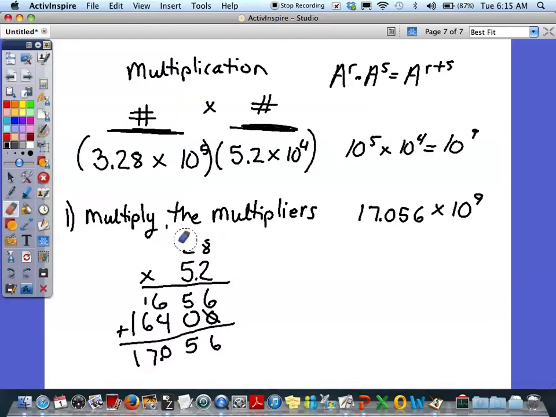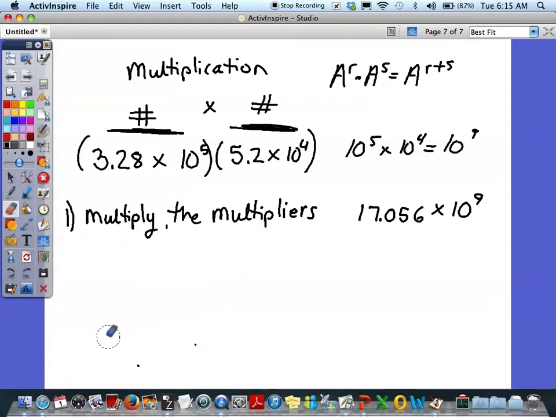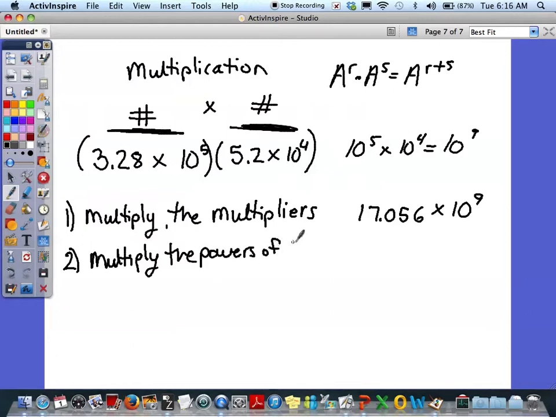We multiply the multipliers, and I'm going to erase my work so I can write down the next step. The second step: multiply the powers of 10. Notice I didn't say multiply the exponents of the powers of 10. I said multiply the powers of 10, which means you add the exponents. Remember that property up here.